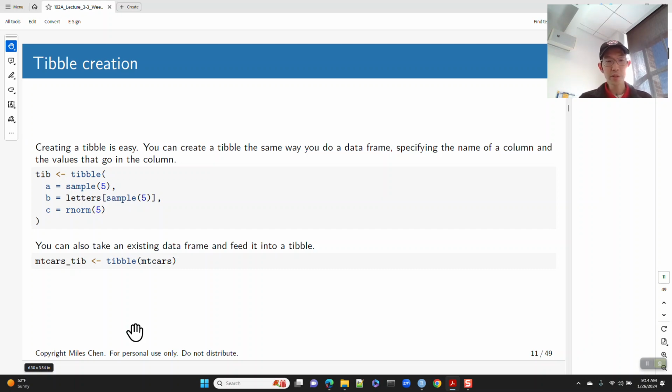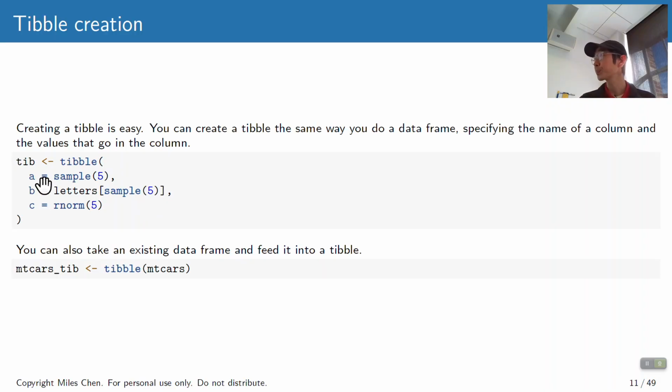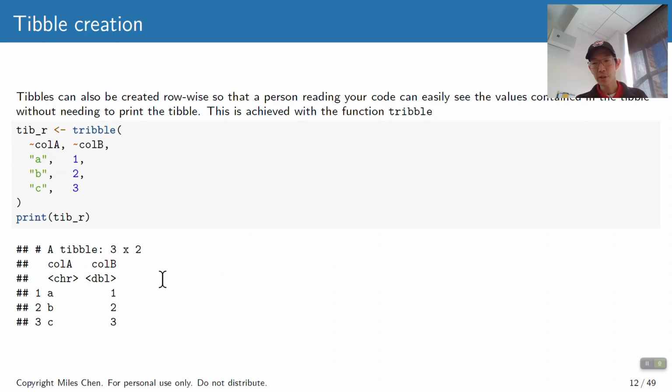You can also, okay, so I showed you how to create a tibble, much like you would create a data frame, using the tibble function. You can do a column name with the corresponding vector. You can take an existing data frame and just wrap it in tibble, and that will make a tibble out of the existing data frame. You can also use this function called tribble. The r in tribble stands for row, so you are creating a tibble row-wise.